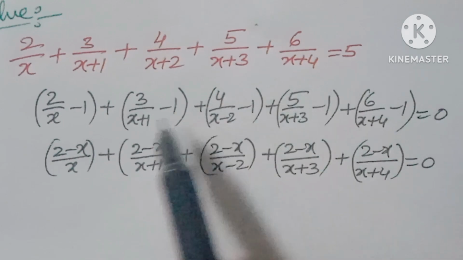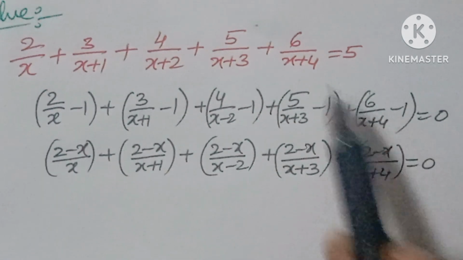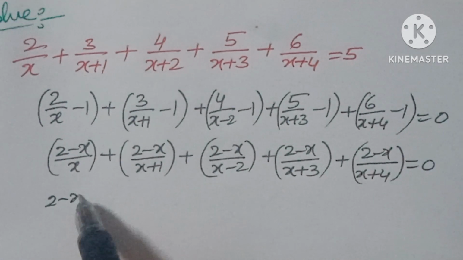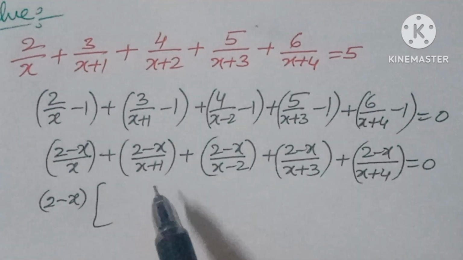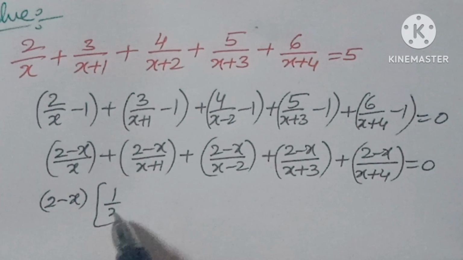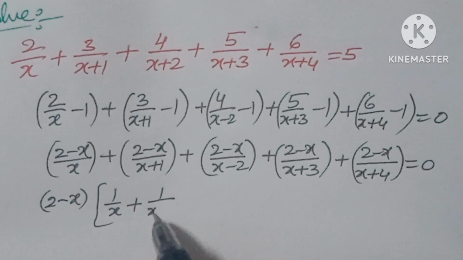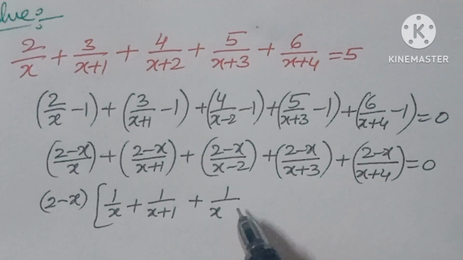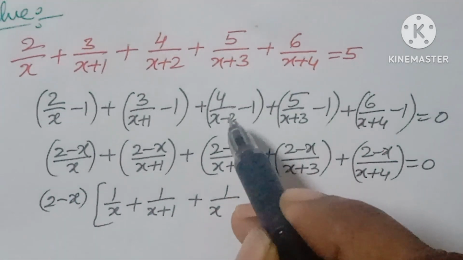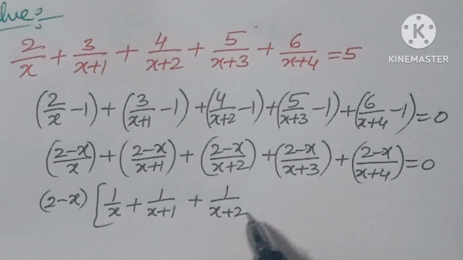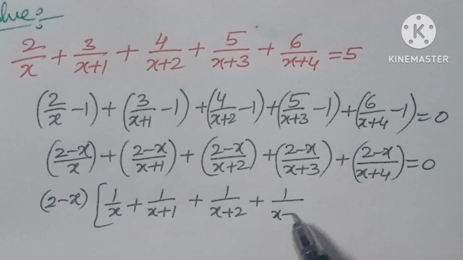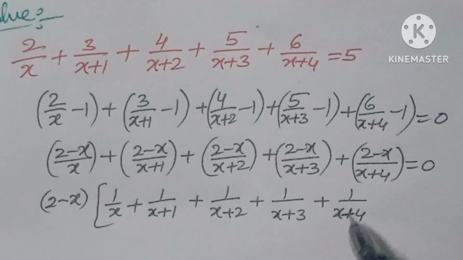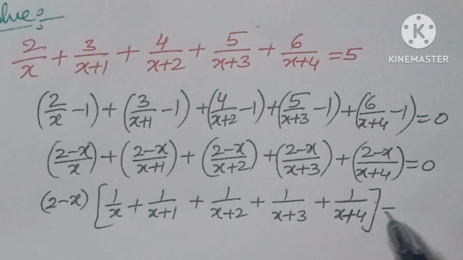So here you are sending the 5, 1, 2, 3, 4, 5, so we'll get 0 this side. Now here in all this, 2 minus x is common. So here what we'll get: 1 by x plus 1 by x plus 1 plus 1 by x plus 2 plus 1 by x plus 3 plus 1 by x plus 4 equal to 0.